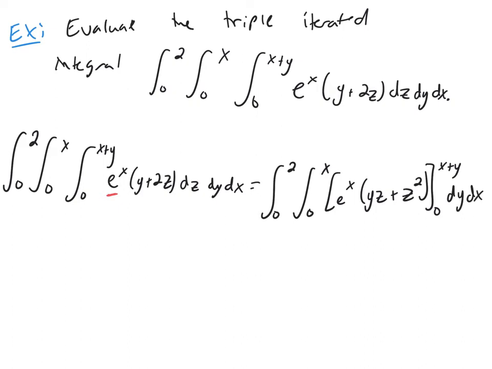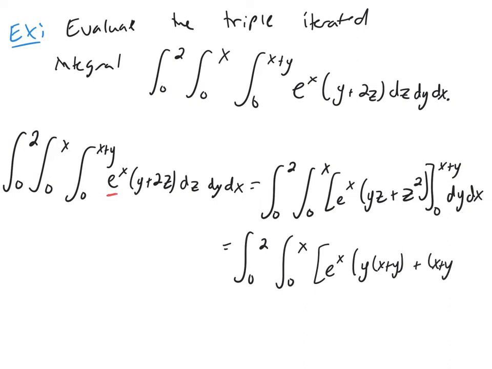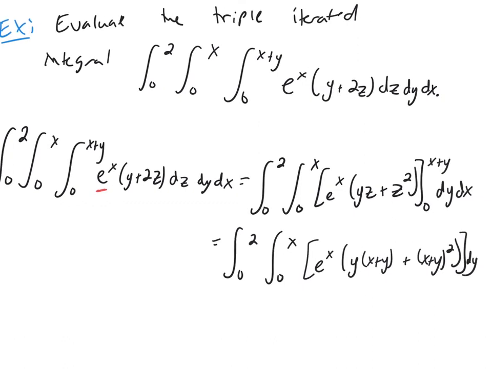So now we're going to get 0 to 2, 0 to x. Plug in your top bound and your bottom bound for z, and you'll be left with e to the x. And then if I plug in, you'll get y times x plus y plus x plus y squared, dy dx.